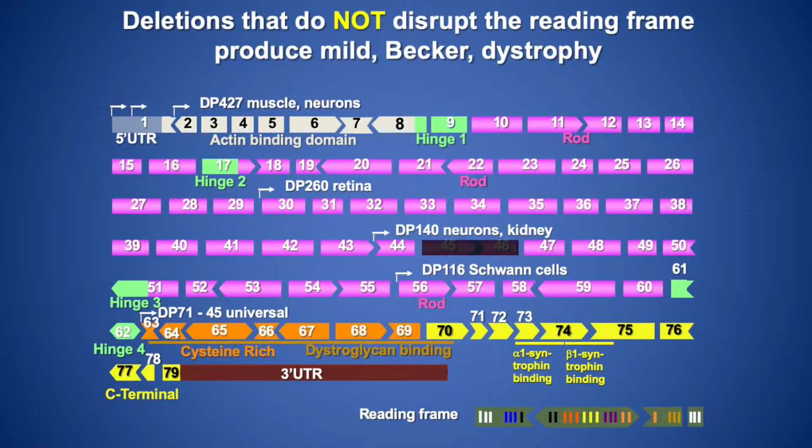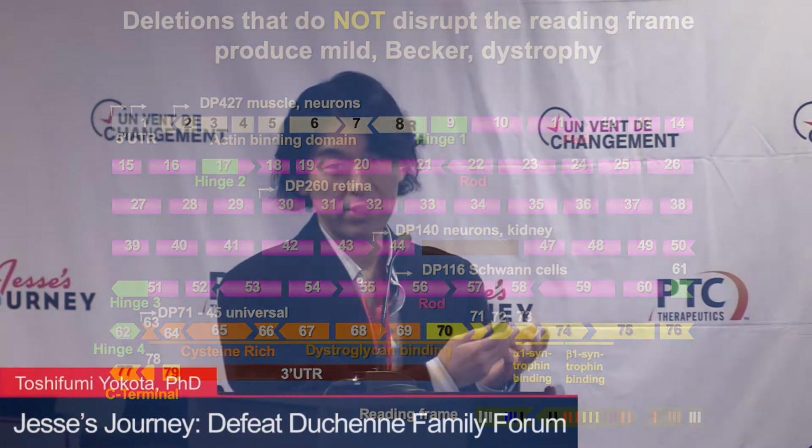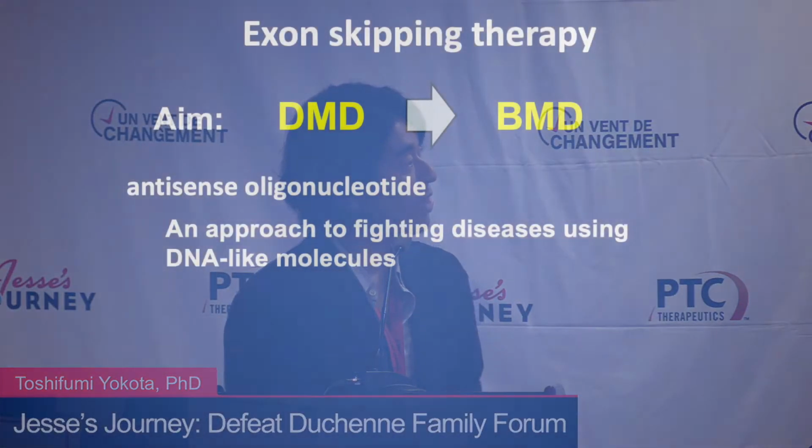But if you have exon 45 to 46 deletion, this is a good mutation. It doesn't disrupt the reading frame, so it likely leads to Becker muscular dystrophy. So exons 44 and 47 fit together. So this is a good mutation. So if we can switch from out of frame to in frame, we can potentially improve the phenotype and symptoms.